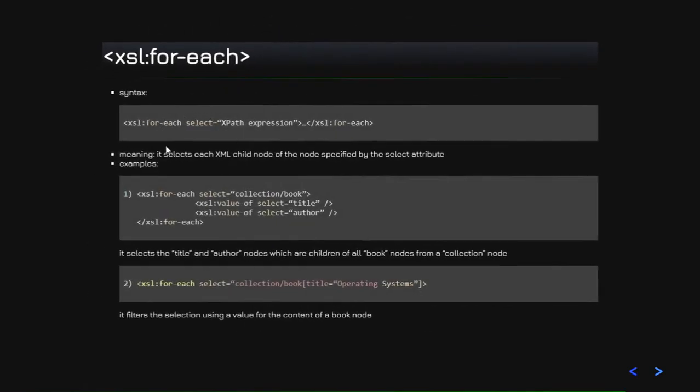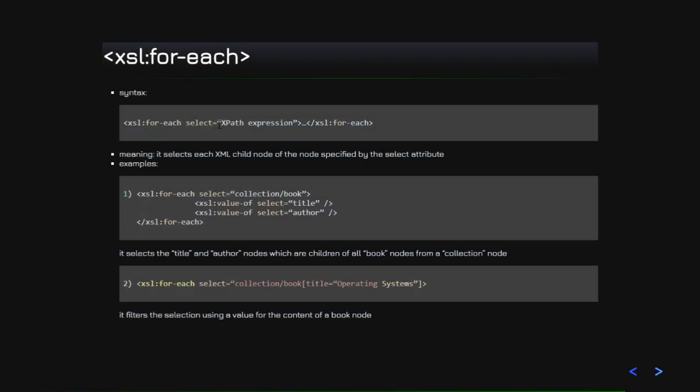Then xsl:for-each. If the previous XSL selected the inner textual value of one tag, this one, xsl:for-each, parses the children of one specific tag, and it does something for each child. Okay, the syntax is this one. We have xsl:for-each.